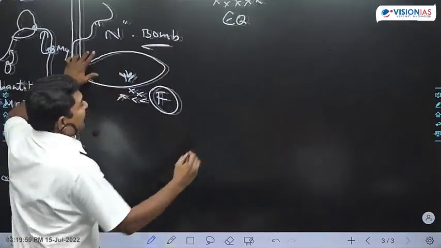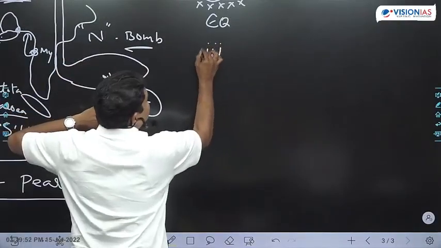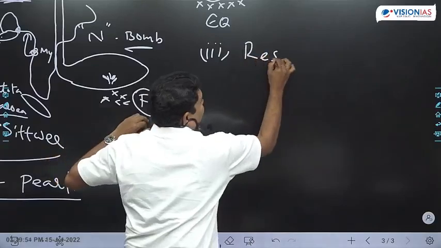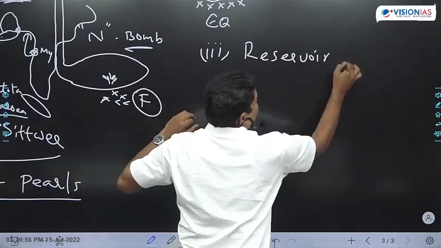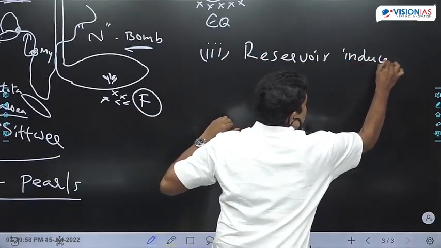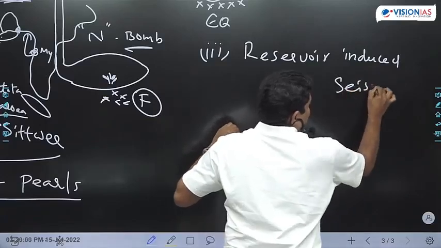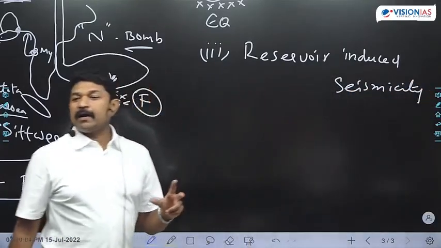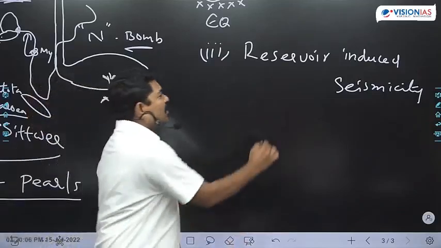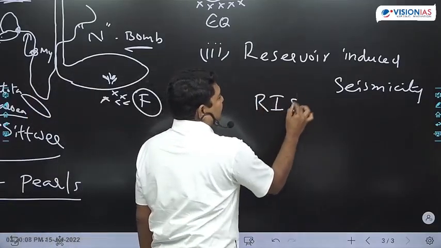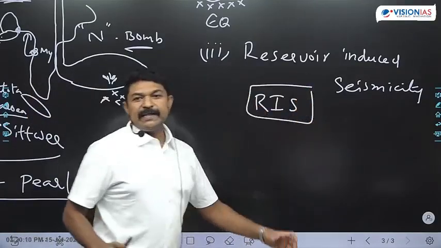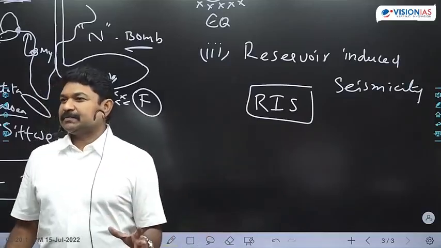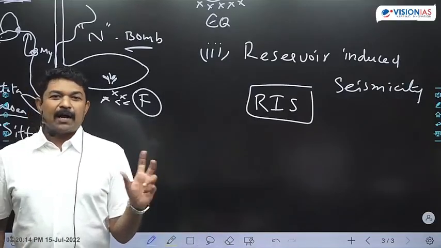Then the third one, very, very important, called reservoir induced seismicity, popularly called RIS. A question in the UPSC can be directly asked like this: What is RIS?